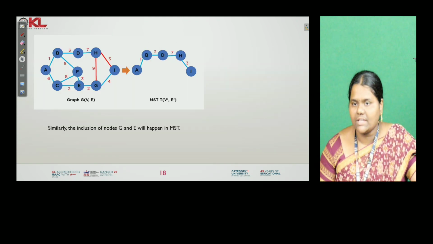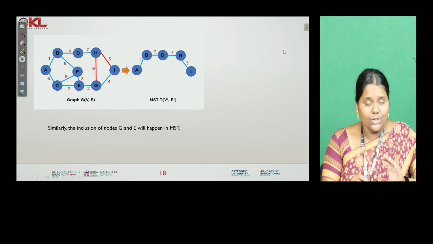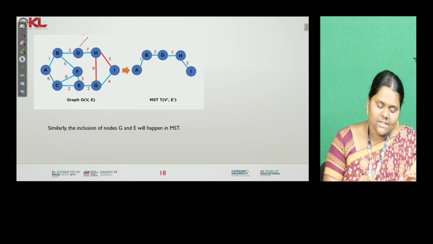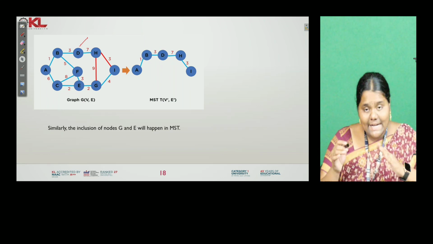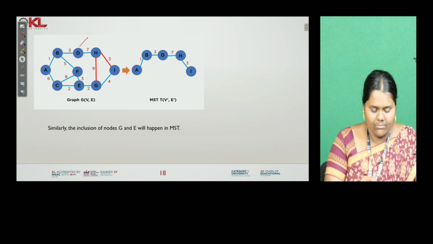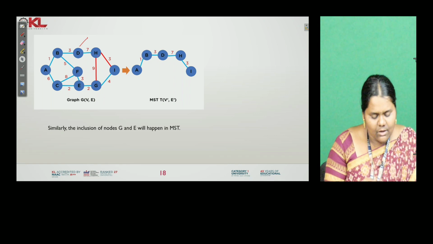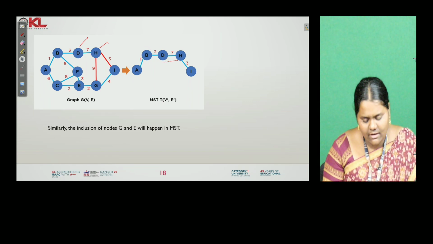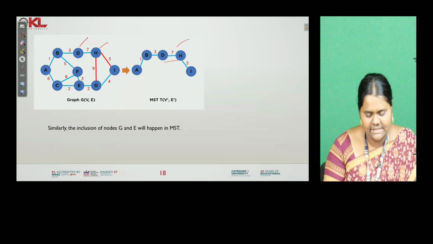Next we have to see, a new vertex is formed, that is D. From D onwards, what are the adjacent edges related to D? From D we have only one adjacent edge, that is H. So automatically we have to take D to H, that is 7.